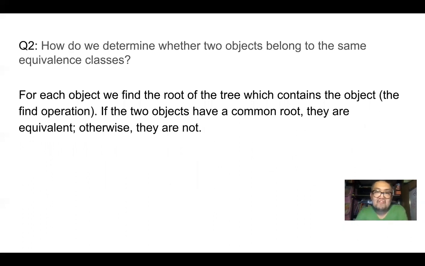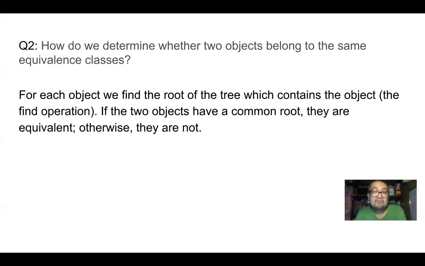Second question, how do we determine if two objects belong to the same equivalence classes? So since each equivalence class is represented by an oriented tree, the question of how do we determine if two objects belong to the same equivalence class is just similar to the question of determining whether two nodes belong to the same tree.